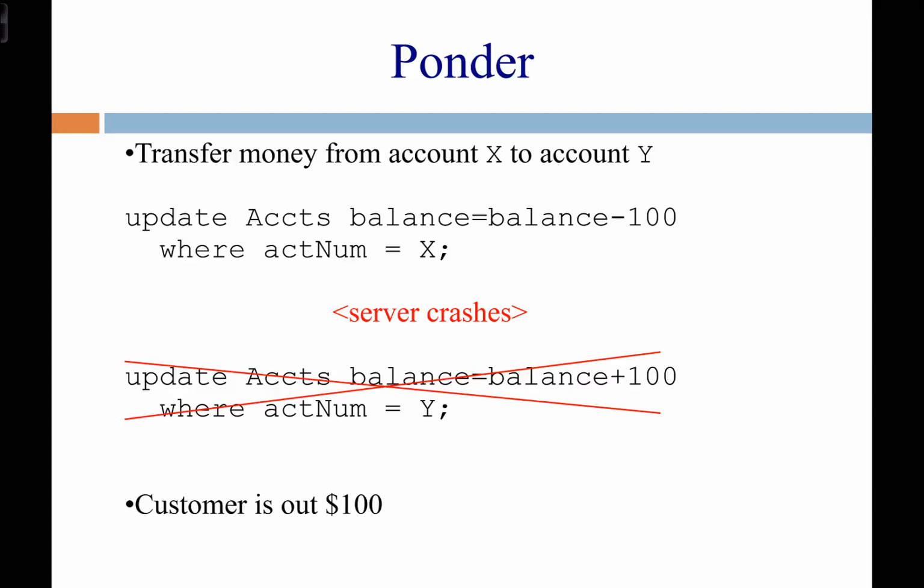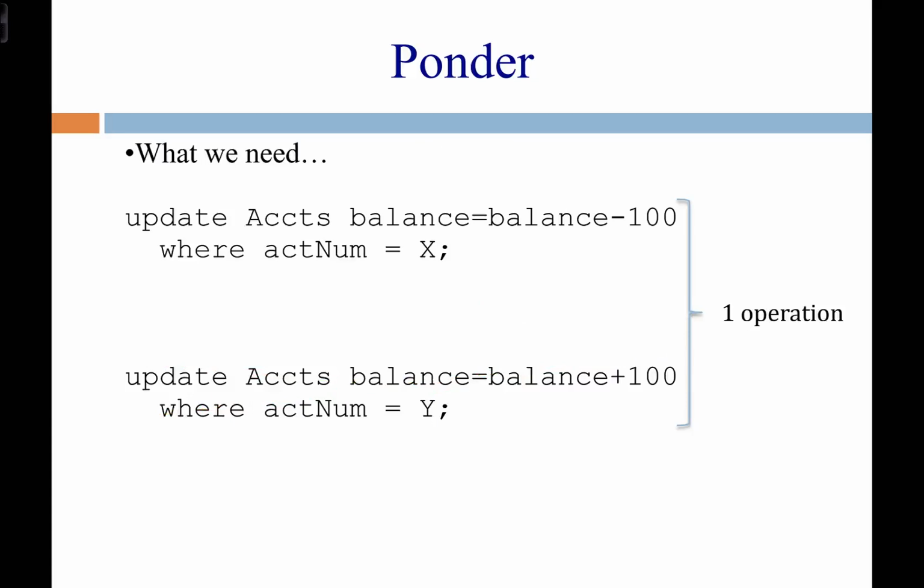So what we need is something like this, where the whole thing is done as one operation that will either completely fail or completely succeed. So if it completely fails, then the subtracting of $100 will never happen unless the adding of $100 also happens, in which case it completely succeeds.